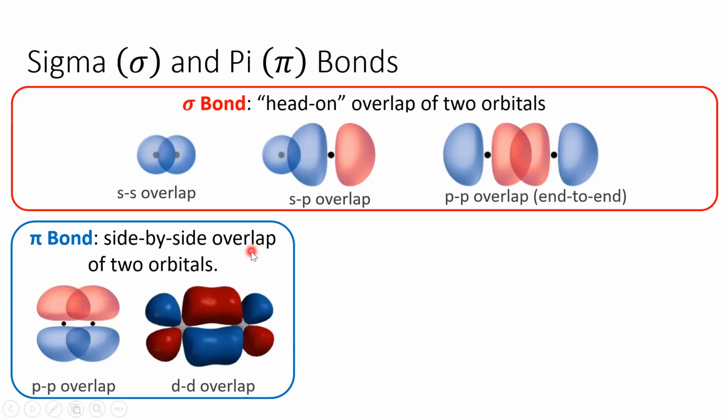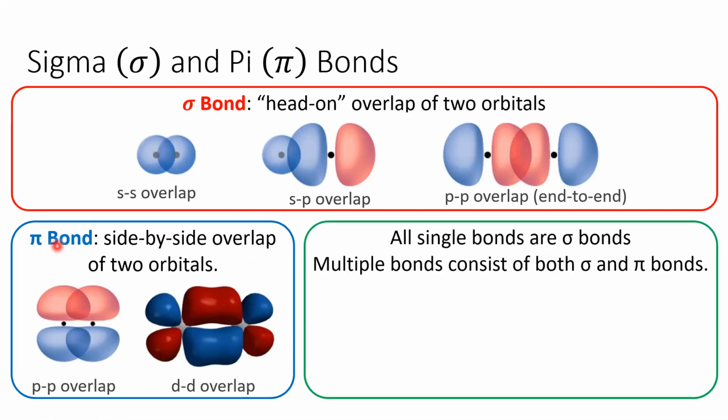And if we have d orbitals that overlap, this would be our d orbital here and this would be our d orbital here. Because they are side by side instead of head on, it's an example of a pi bond.